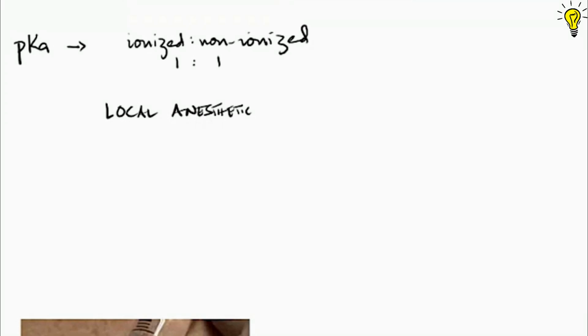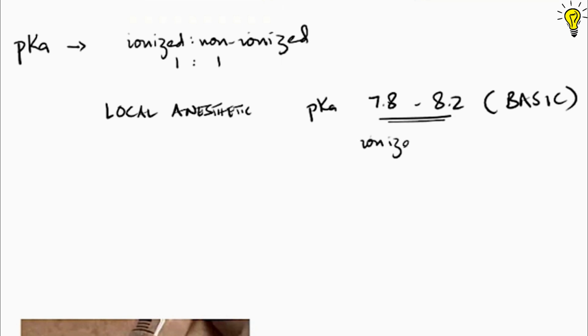To be effective, local anesthetic must first be in unionized form so it can penetrate through tissues easily through diffusion. And once inside the cell, it is the ionic form that blocks the sodium channels. So initially you need local anesthetic to be in unionized form. The pKa at which ionic and unionic forms exist at 1:1 for local anesthetics is 7.8 to 8.2.